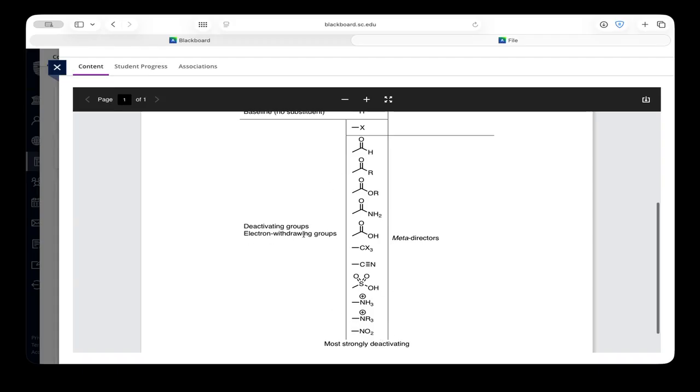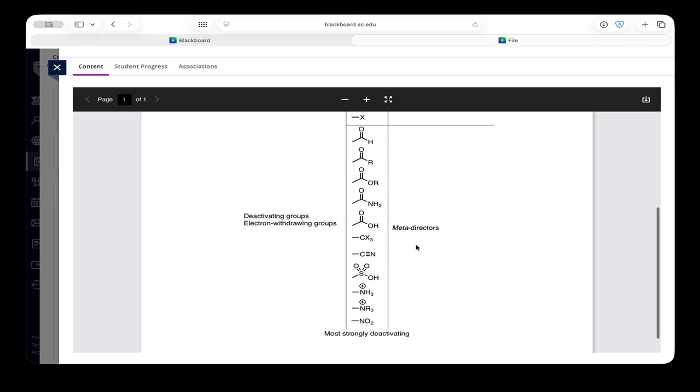These are all also electron withdrawing groups, but importantly, these are meta-directors. So if these are attached to a benzene ring and we do an EAS reaction, the new incoming substituent is going to preferably be installed at the meta position.